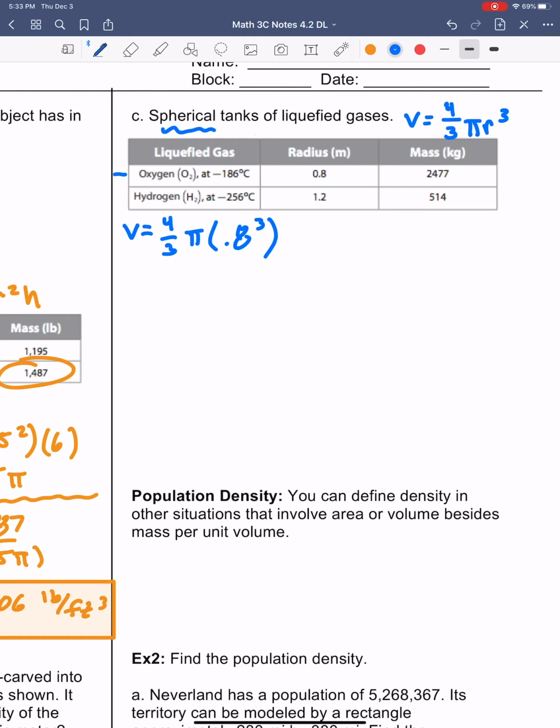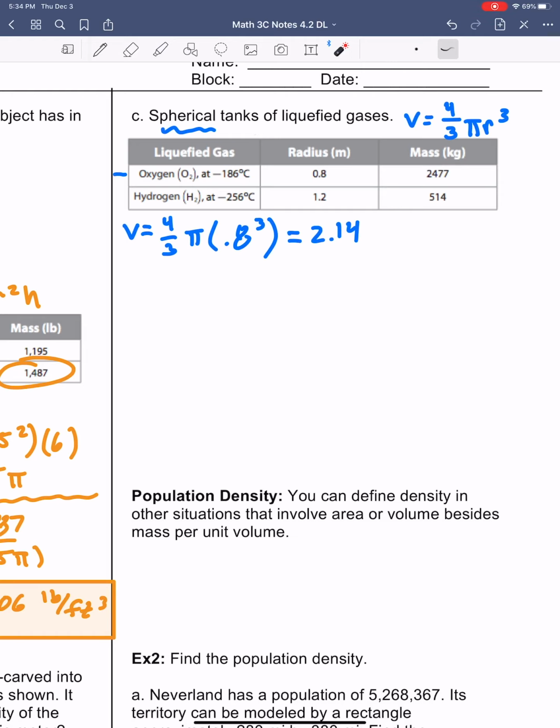And I can go ahead and evaluate this, and I'm going to end up with 2.14. Right. Okay, and there's a couple different ways you can do that if you're not sure how to do it, right? You can do 0.8 to the third power, right? Then you could multiply it by 4/3, and then you'd multiply it by pi at the end. Okay, but we're just punching that into our calculators to get 2.14.